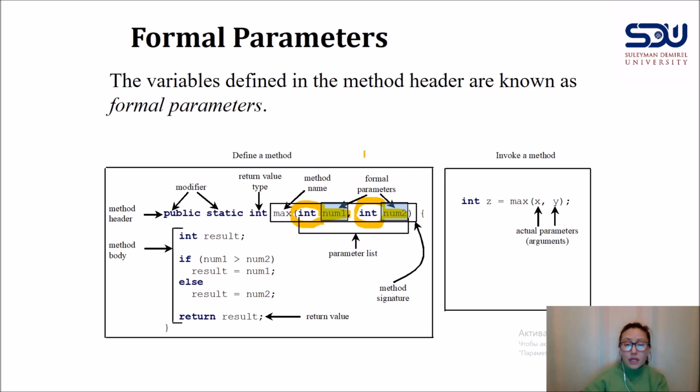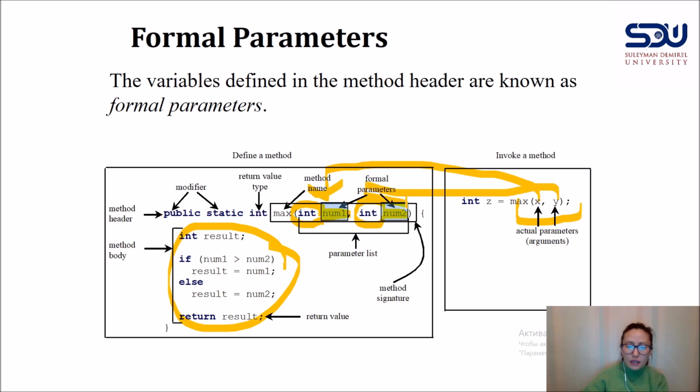They are some kind of variables that are used to show how your method must act, and in future when you invoke your method, the actual values will go instead of your formal parameters, like instead of num1, x1 will go, and instead of num2, y2 will go.